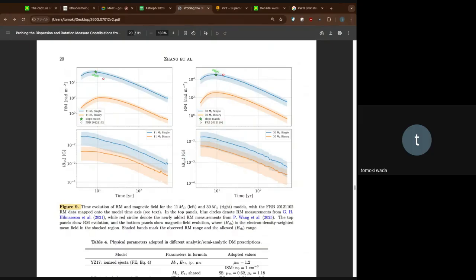They only know the time evolution of dispersion measure and rotation measure, and they just fit age and parameters to match the calculation and observations. From this information, we can estimate the age of the source. This is done by their calculations. And this is the time evolution of rotation measure.